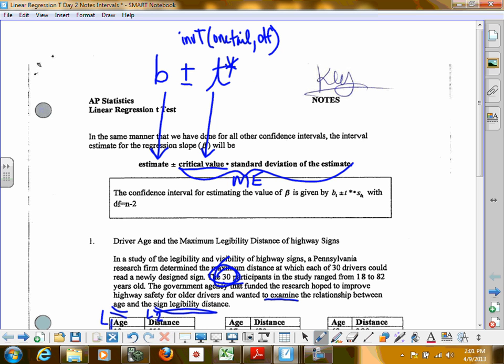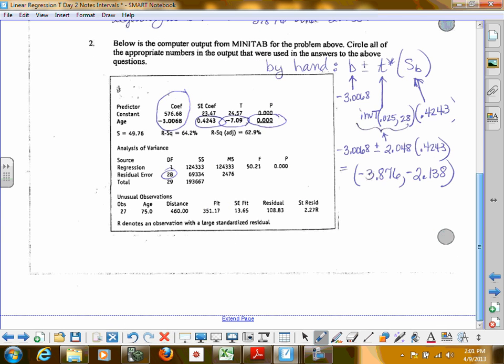And now, times that by the standard deviation of your estimate. What is that? Standard deviation of the, what's our estimate? b. Very good. Standard deviation of the slope. Yay. So let's take that to the computer model and fill it in.